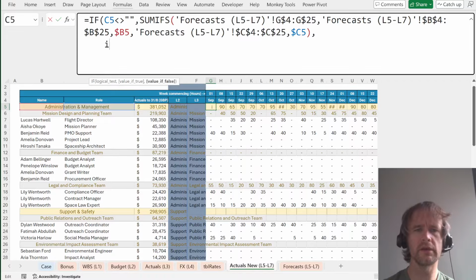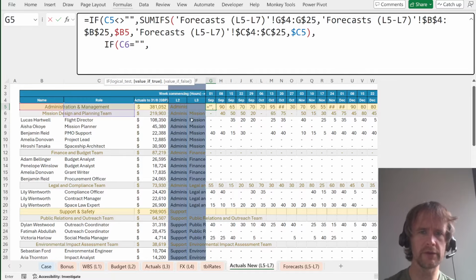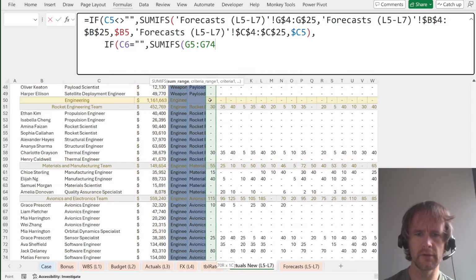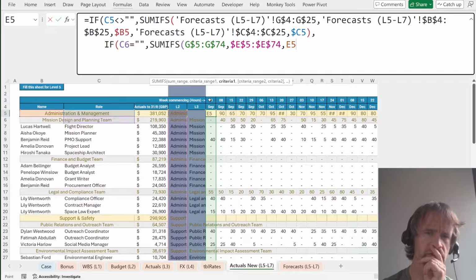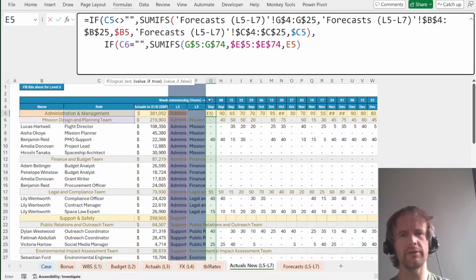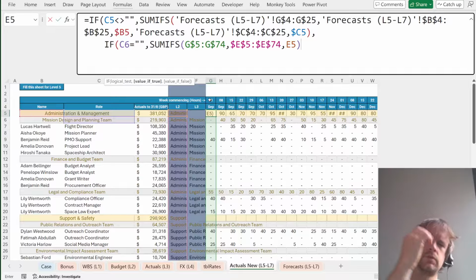Otherwise, if the one below is equal to blank, that means we're on an L2, then it's going to be SUMIFS of just do the whole thing where this lock is this. Ooh, can't quite do that because that's going to make a circularity. I need to make the labels. Ooh, that's tricky.